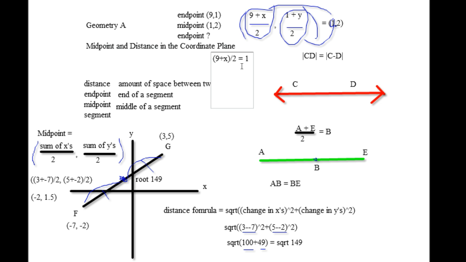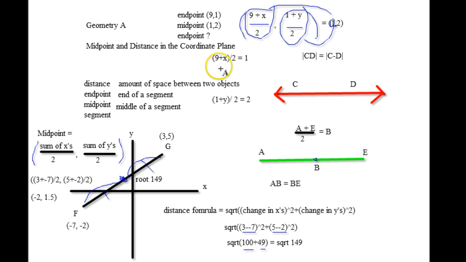And I have 1 plus y in parentheses divided by 2 is equal to 2. Okay, and all I have to do is solve these two equations, I get my answer.